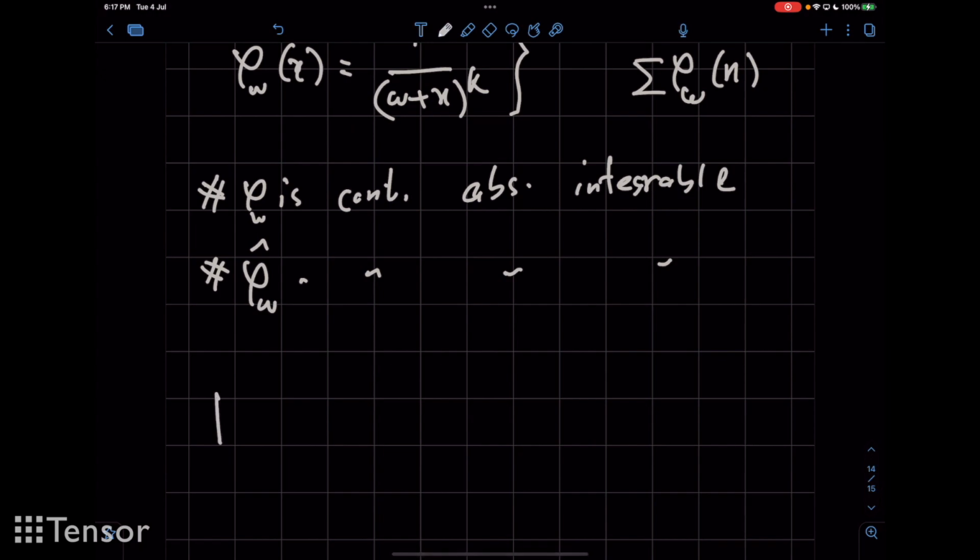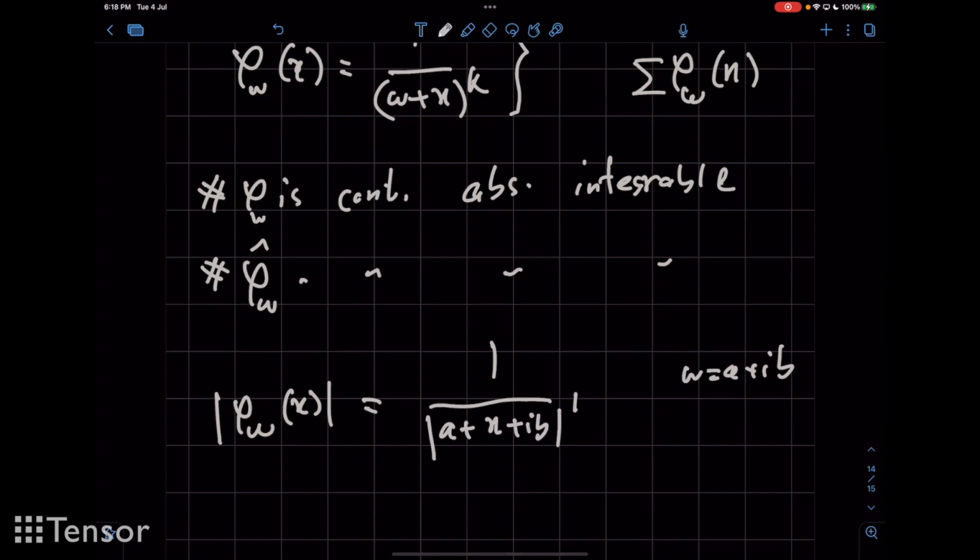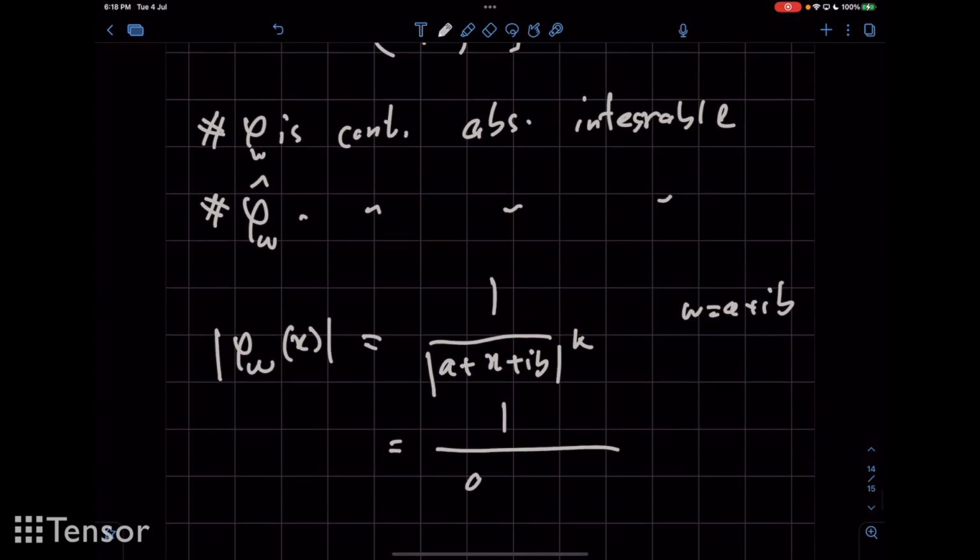So let's try to show that the absolute value of phi w of x is 1 over, let's write w as a plus ib, and this is a plus x plus ib to the k, right? And this is nothing but 1 over a plus x squared plus b squared to the k over 2.